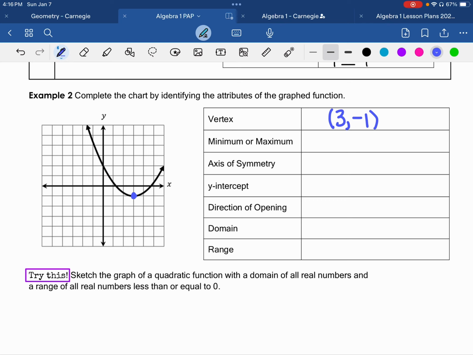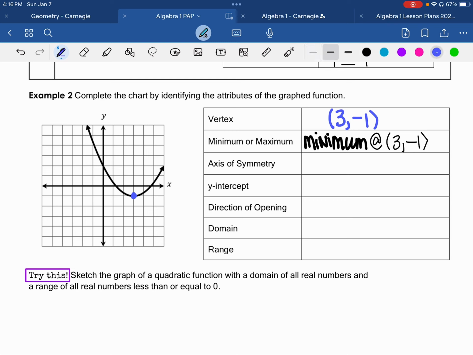All right, not my axis of symmetry yet. That is a minimum. And of course, remember it is a minimum at that vertex point.